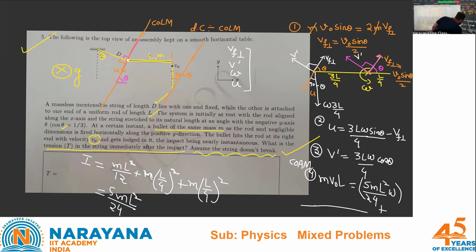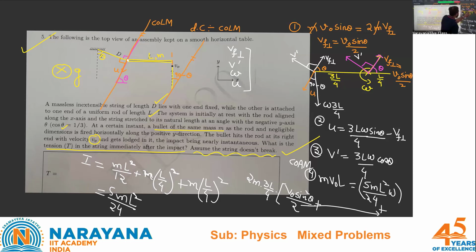In the RHS, I need to write one more term. What is that? We have to be very careful about that, because that will be 2m mass, lever arm 3L by 4, and the total components of both the particles, which is normal. So basically, V naught sine square theta divided by 2 plus the second term V prime.